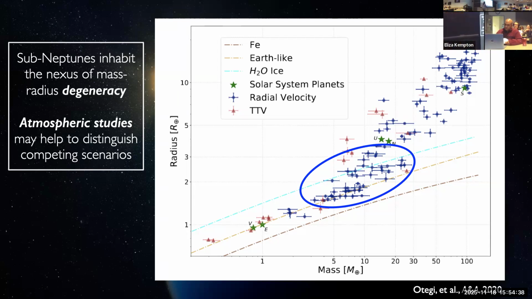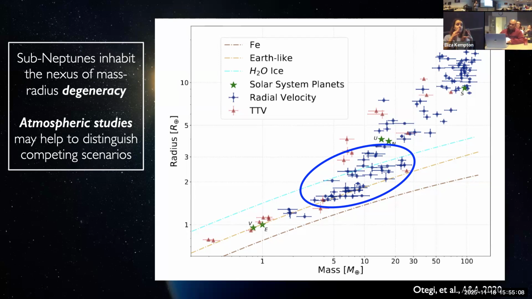But the sub-Neptunes live in this horrifically degenerate parameter space. So these are curves of fixed composition, so Earth-like composition, pure water planet, pure iron planet. And if you look at any one of the points in this region, the sub-Neptunes, you can convince yourself very easily that you can fit the bulk density, the mass and the radius of the planet, by two competing families of models, right?